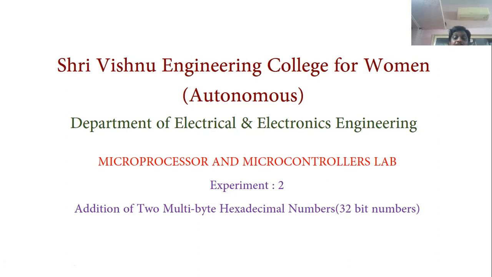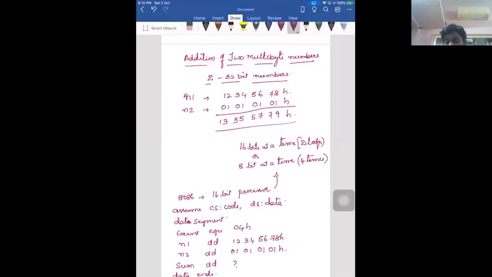So if I want to add two 32-bit numbers, I can add them using two 16-bit additions, or I can add 8 bits of data at a time, four times.